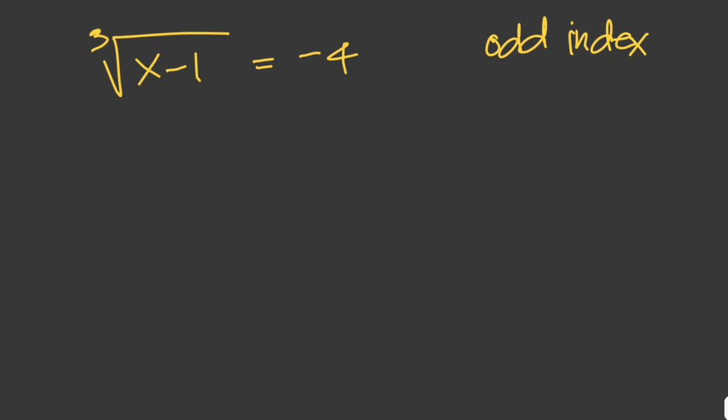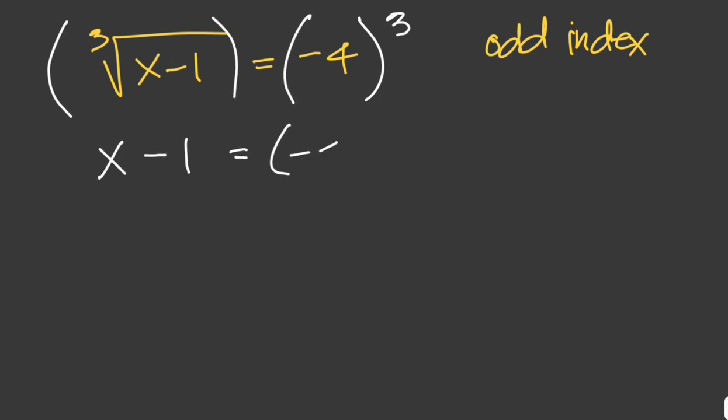Now to solve this, to get rid of the cube root, we raise both sides to the power of 3, or we cube both sides, and then we simplify the exponents. So cube root of x minus 1 to the power of 3 is just equal to x minus 1.